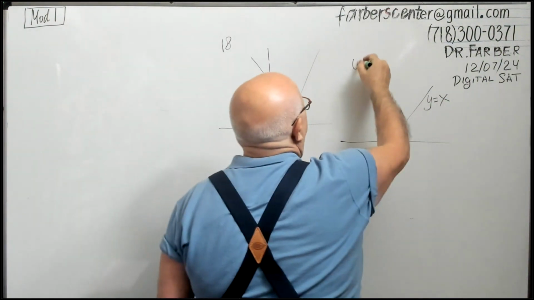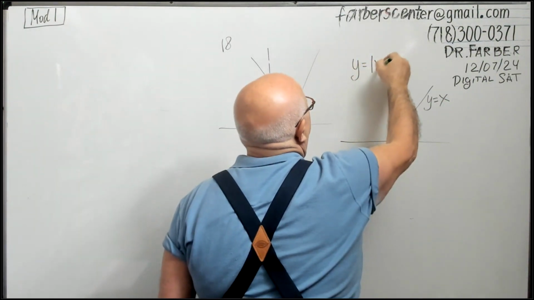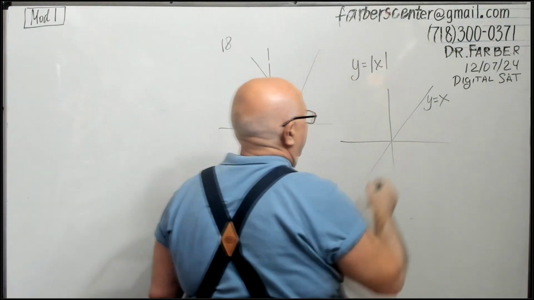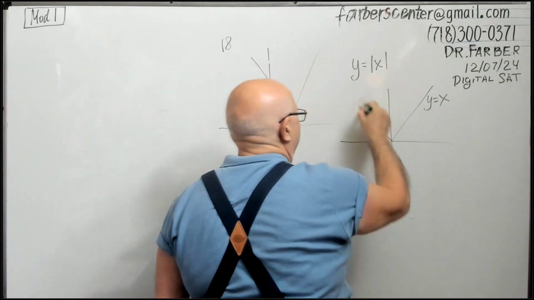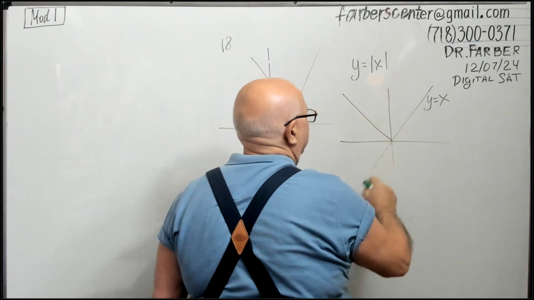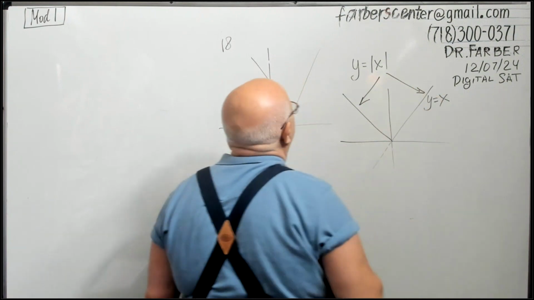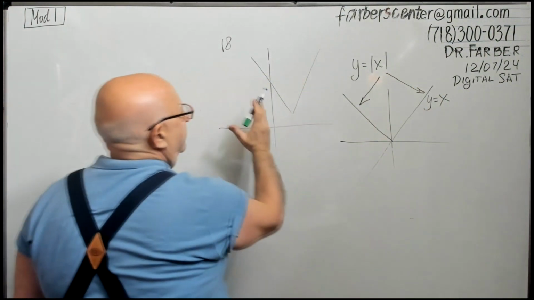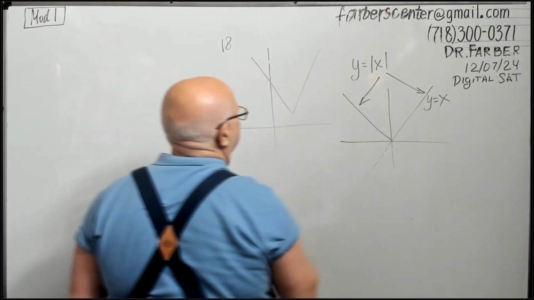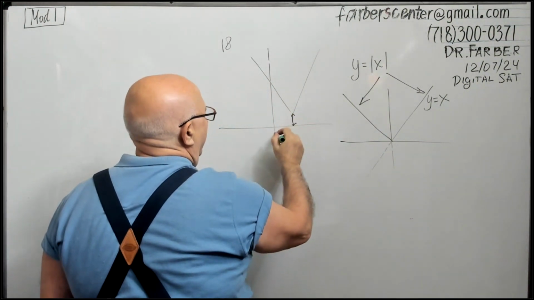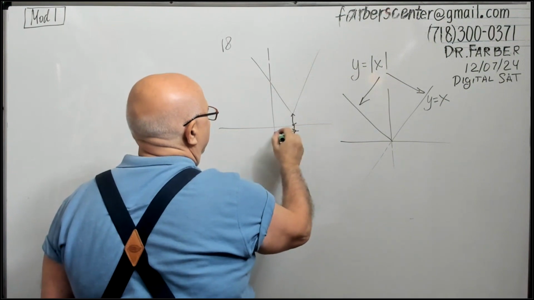When you have y equals absolute value of x, based on the definition of absolute value, you have to make it symmetrical and eliminate this part. It's y equals |x|, this graph. And this graph is the same but shifted to the right some units and up some units, right, for this one.